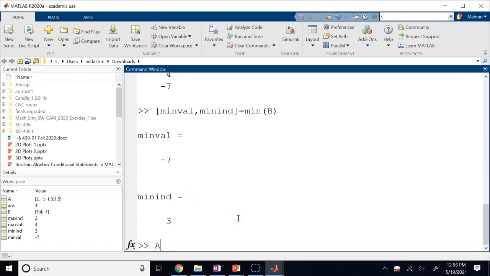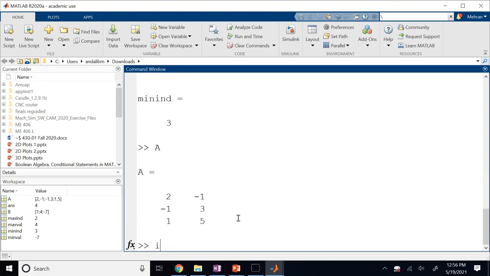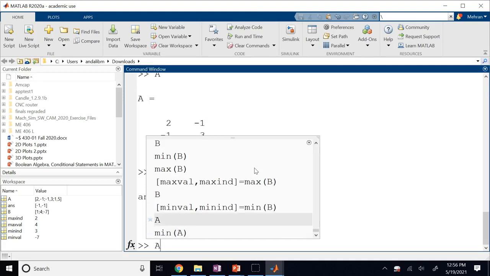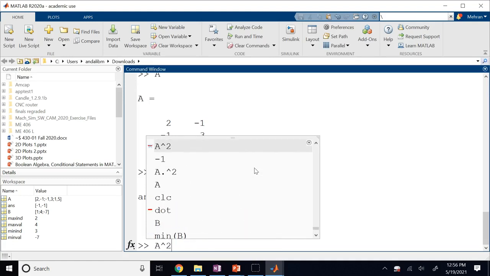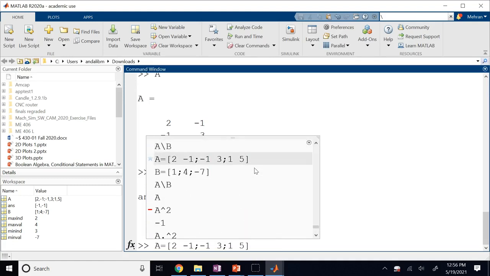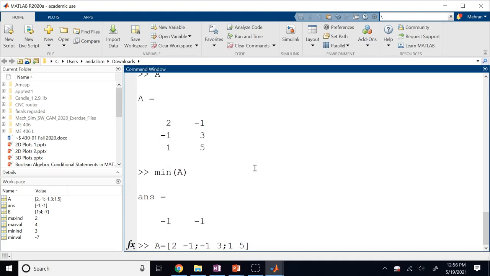Now what about the matrix A? If I say min of A, what do you think it would give you? It's not going to give you this -1. I actually gave you two numbers. Let me, for the sake of education, change the definition of A and get rid of one of these -1s, replace it with something else.